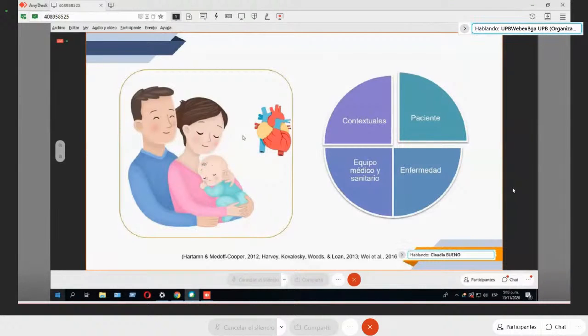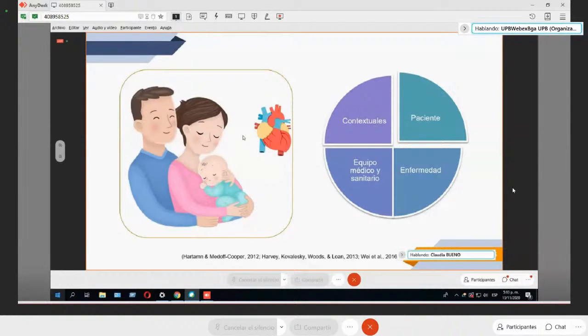And finally, he also needs to develop a series of skills to be able to interact with the medical and healthcare team, the hospital team, who is providing this attention.